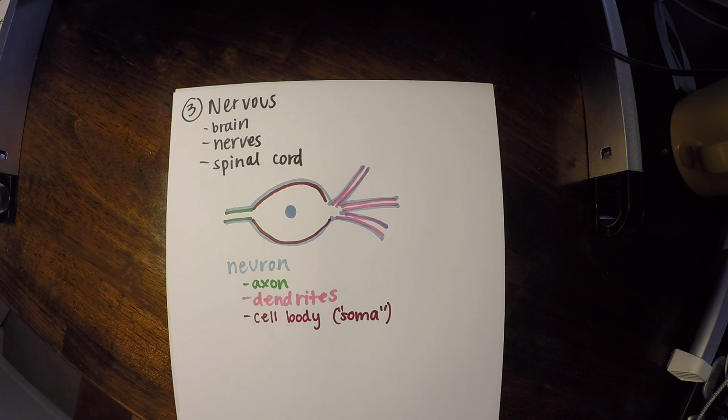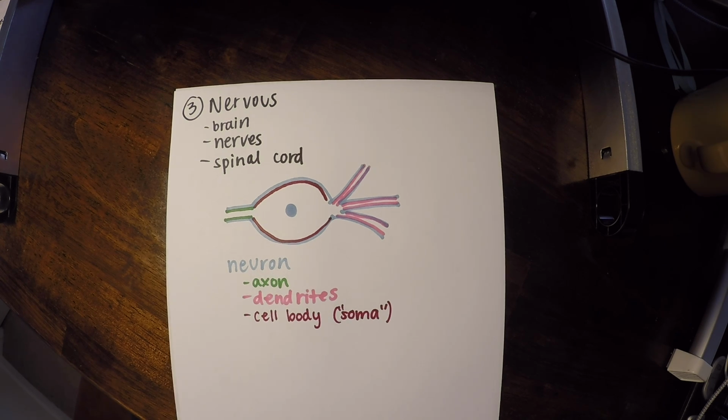Now, there are different impulses that are created that travel through the neuron. So basically, this is how our nerves communicate with each other. So what I'm going to do is I'm going to draw arrows, which will represent the direction of the flow through the neuron.